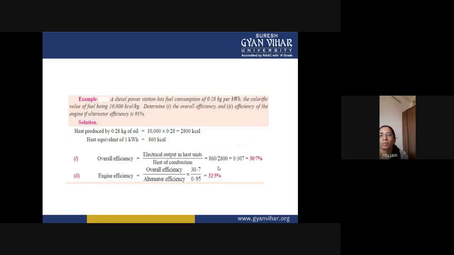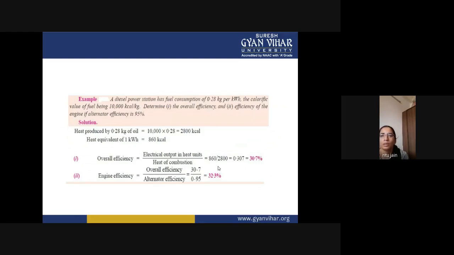Now, our next example is a diesel power station that has fuel consumption of 0.28 kilogram per kilowatt hour. The calorific value of the fuel is 10,000 kilocalorie per kilogram. Determine the overall efficiency and the efficiency of the engine if the alternator efficiency is 95%.